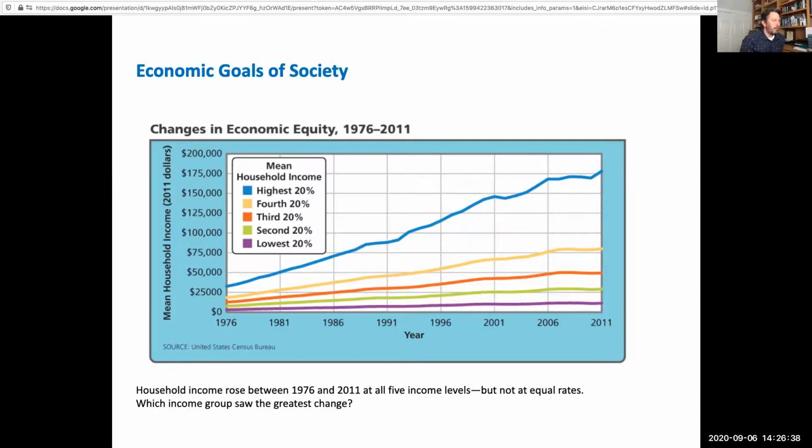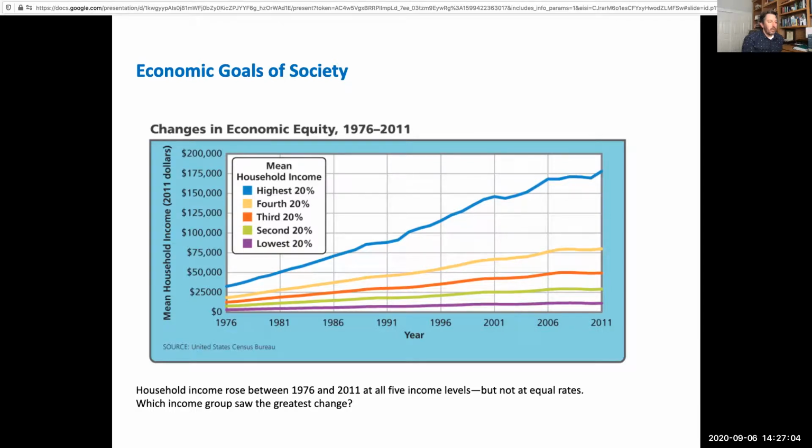However, if we take the second 20%, so this is going to be the 60th percentile to the 80th percentile in terms of income, they've only gone up from about 20,000 to just over 75,000, maybe 76,000.